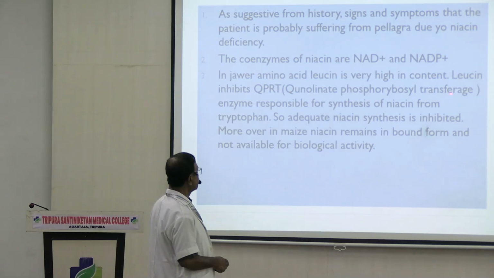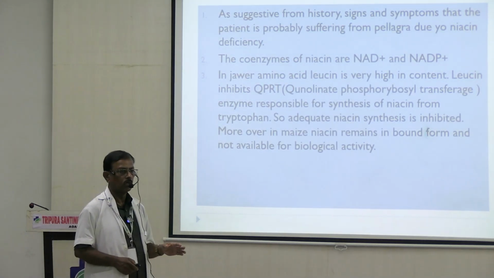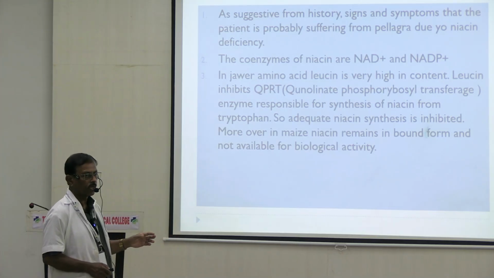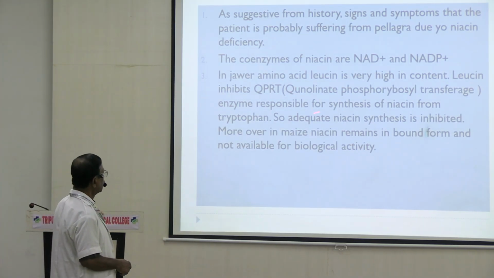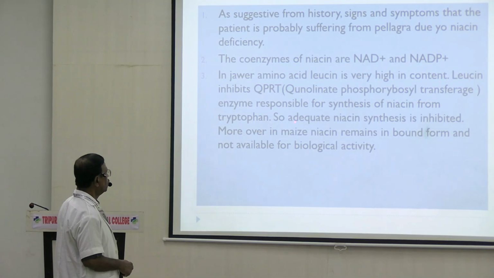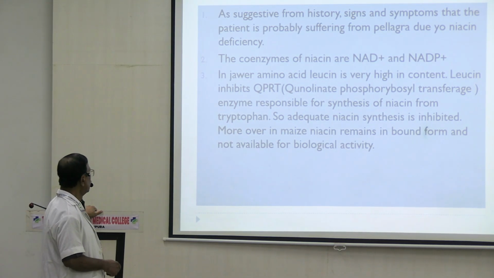Quinolinate phosphoribosyl transferase is an enzyme responsible for converting tryptophan to niacin. So adequate niacin synthesis is inhibited.